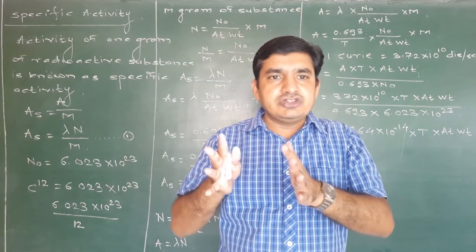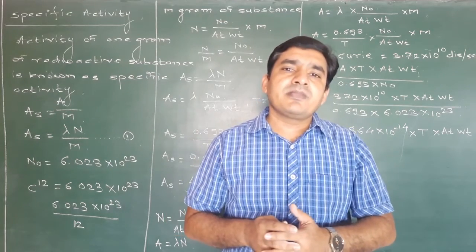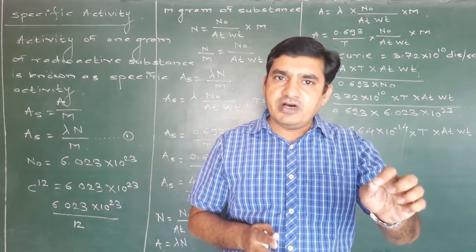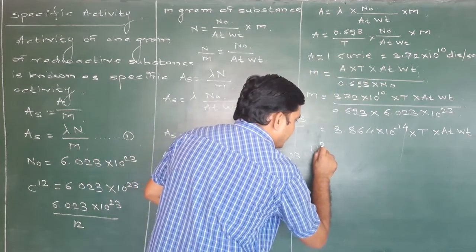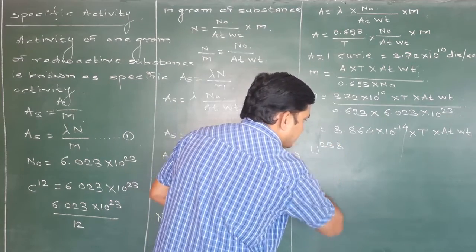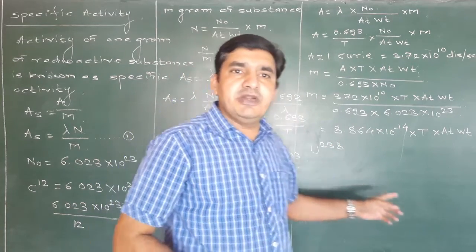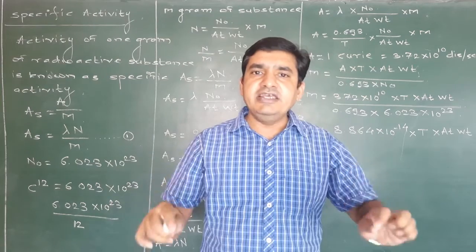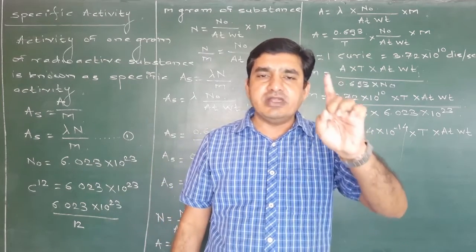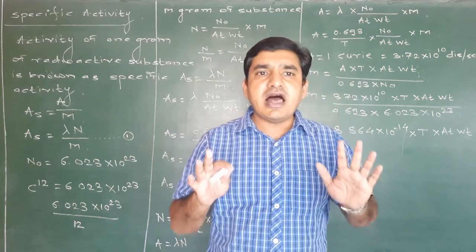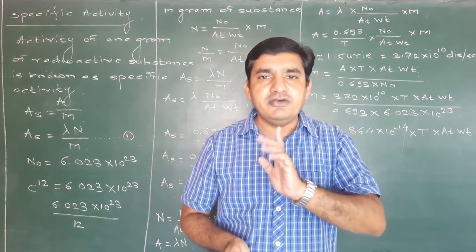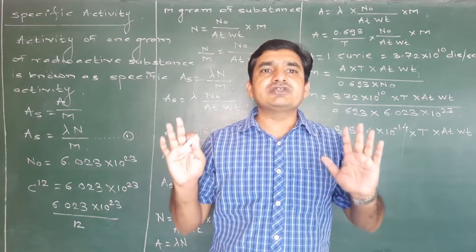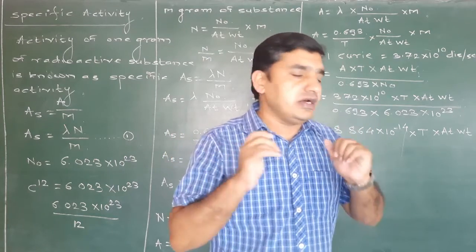curie source, that is activity of uranium-238. If we consider one example, uranium-238, the activity of this uranium-238 is 1 curie, and the half-life is about 4.5 into 10 raised to 9 years.